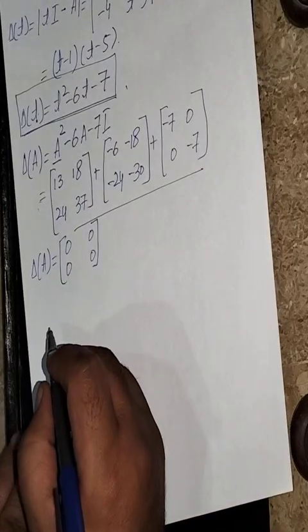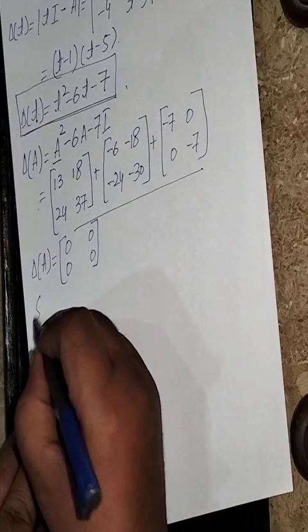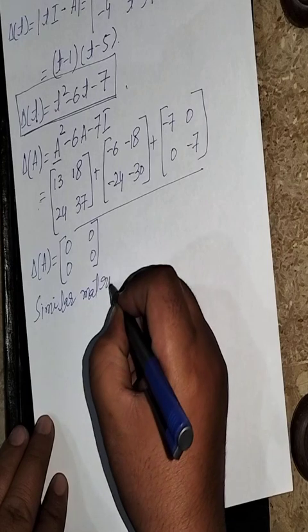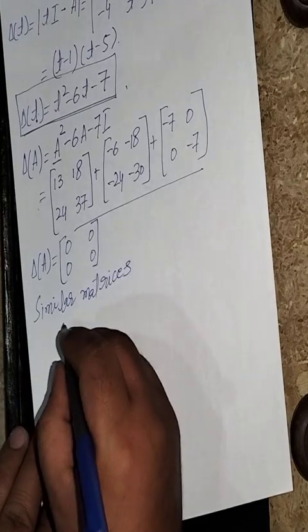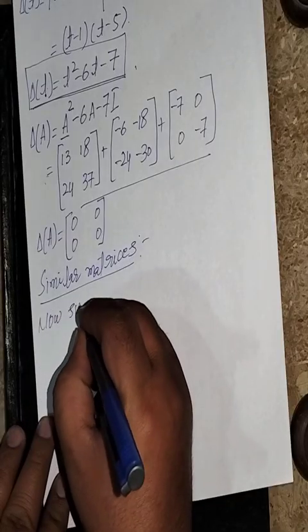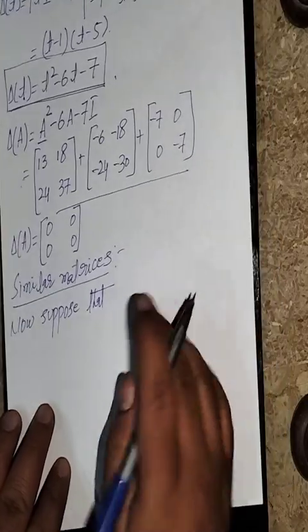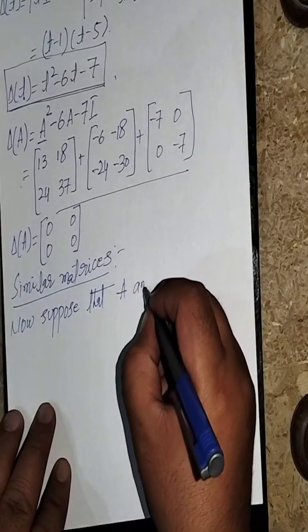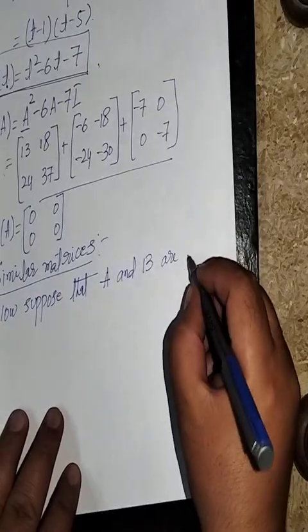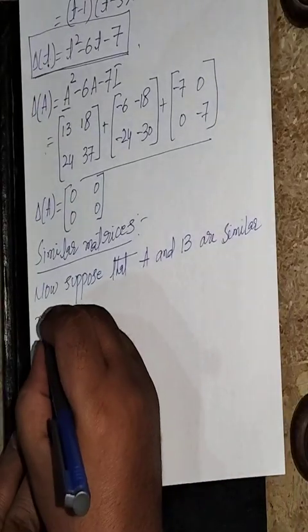Now you all already know about similar matrices. Now suppose that A and B are similar matrices.